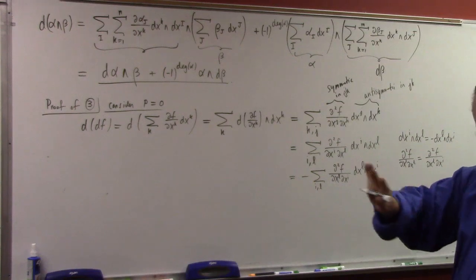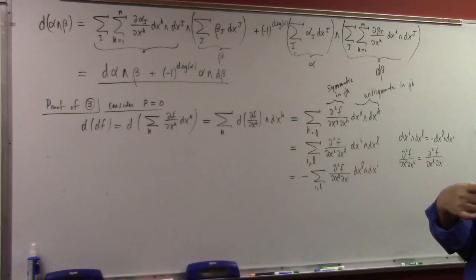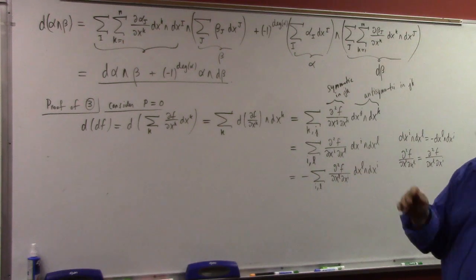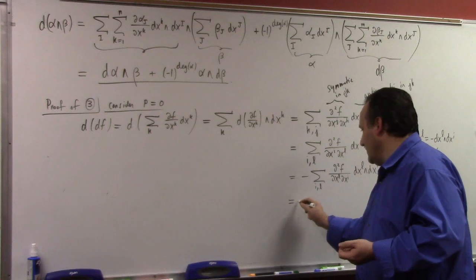It doesn't matter how many other indices are out there. If you've got a pair of symmetric contracted against a pair of anti-symmetric, it's gone. Anyway, hooray, it's 0.